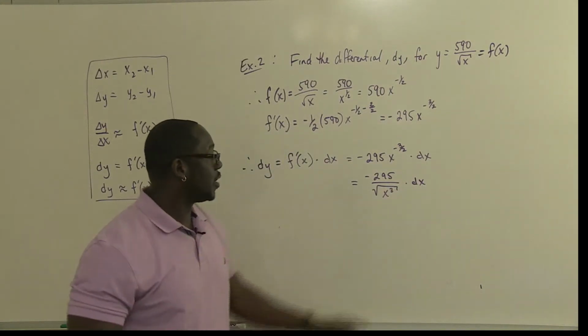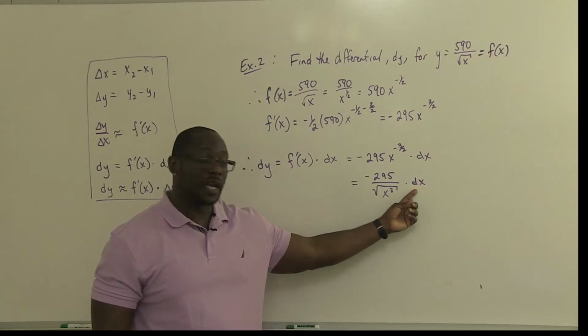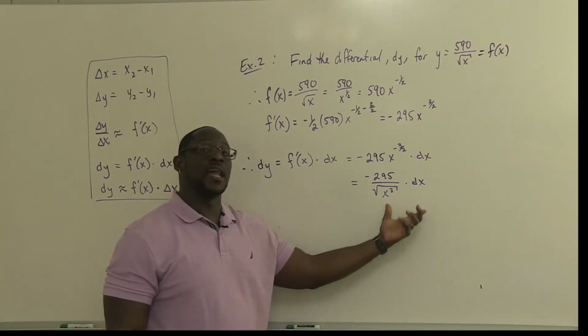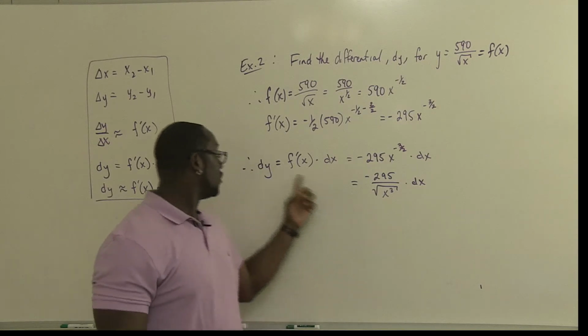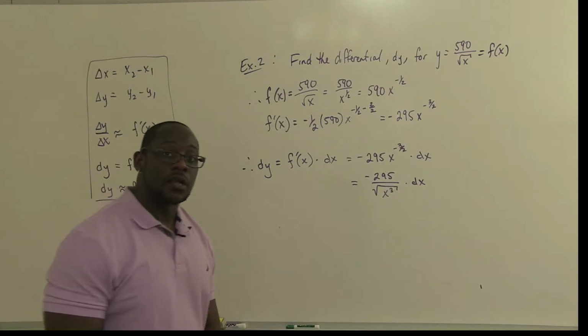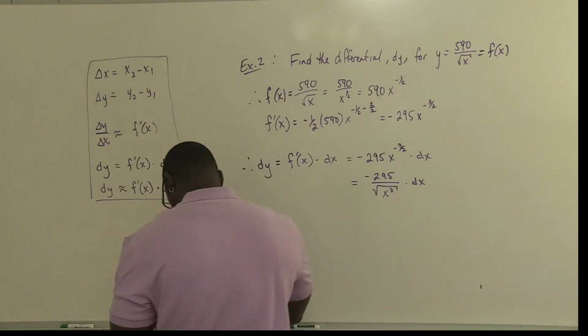Again, depending on how much dx is, it will give us a very exact or not so exact form of the derivative when we plug in a particular x value. All right, so let's move on to the third example.